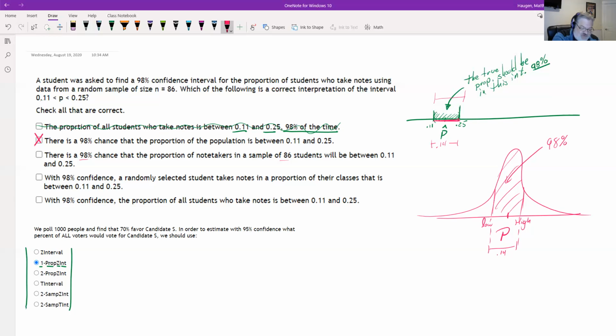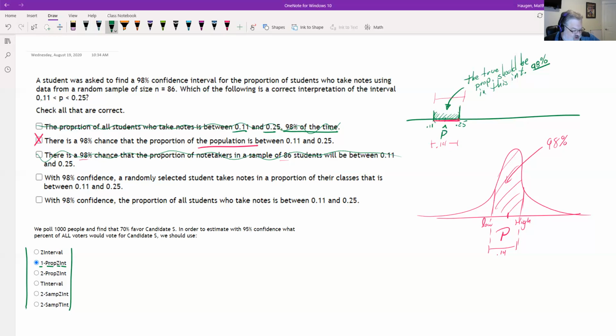So this one is very close, but not quite. Our confidence intervals tell us about where the population value is, not about where the samples are. So that one is almost true, but not quite true.